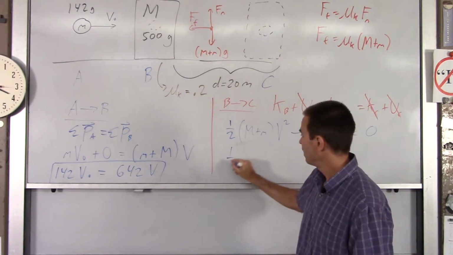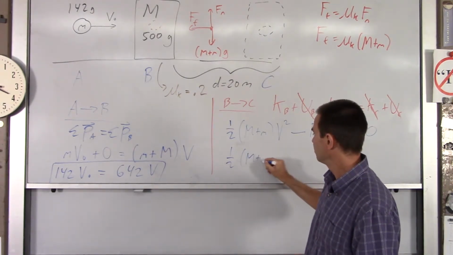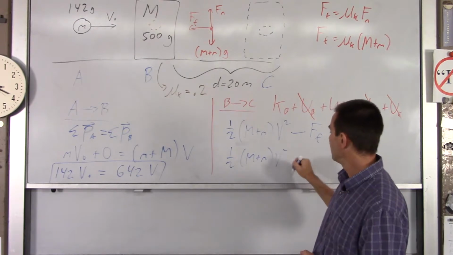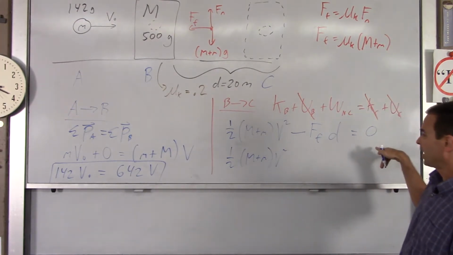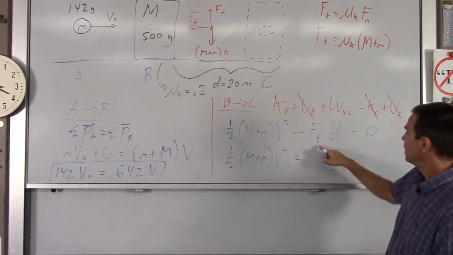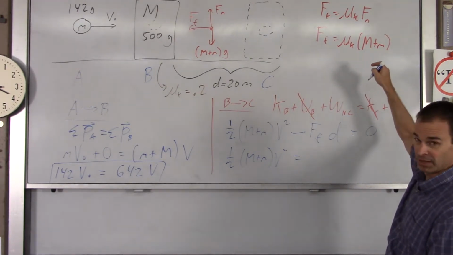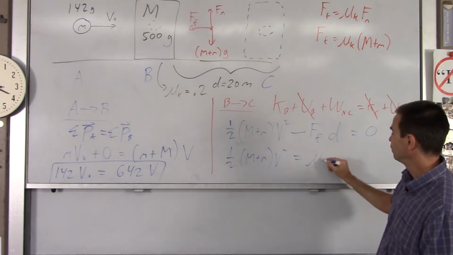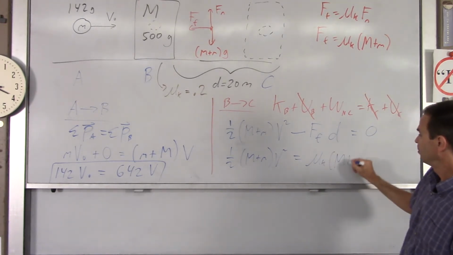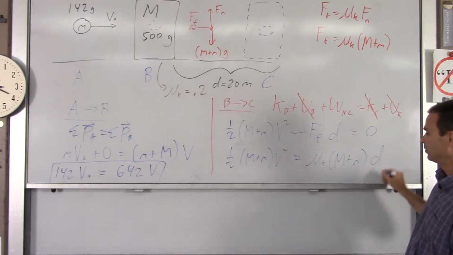And so then we have 1/2 big M plus little m V squared. I'm going to move friction to the other side, make it positive, so we got equals, and that force of friction is equal to mu sub k times big M plus little m. So we've got mu sub k times big M plus little m times d.